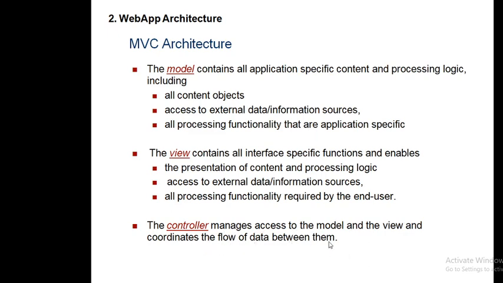So in MVC architecture we have three modules: model, view, and controller. Model contains all specific content and processing logics, view contains all interface specific functions, and controller manages the access of model and view and coordinates the flow of data between them.